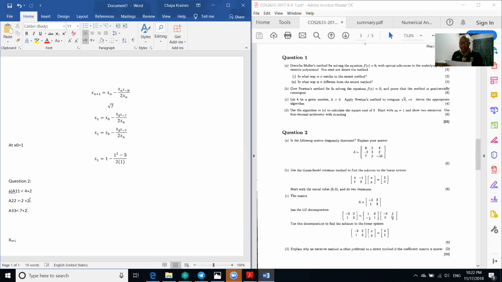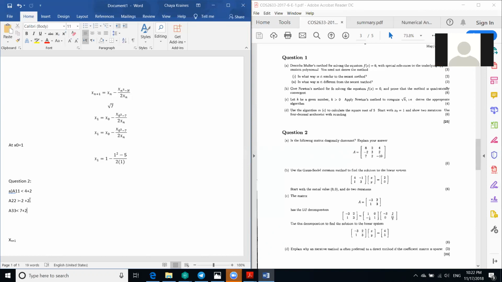The modulus of A11, which was 1 over 4, was compared with A12 plus A13. A12 plus A13 was greater than A11, so it was concluded that A is not diagonally dominant.